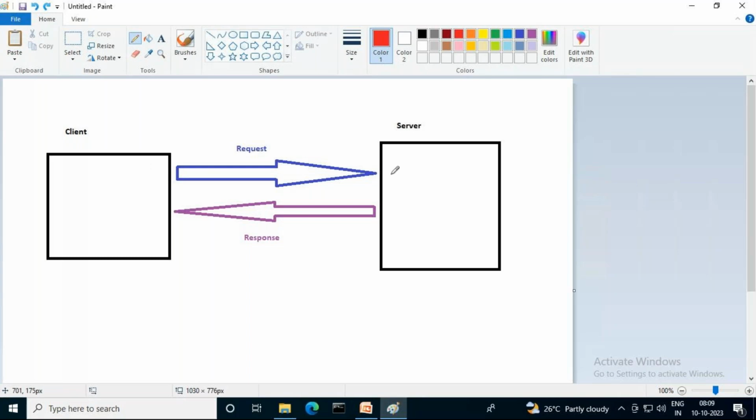The server has to process all those requests successfully. Whenever it is processing so many requests, there will be some stress or pressure on the server. The rate at which, or the efficiency with which, the server processes those requests is known as the throughput. So the number of requests processed by the server is called the throughput.